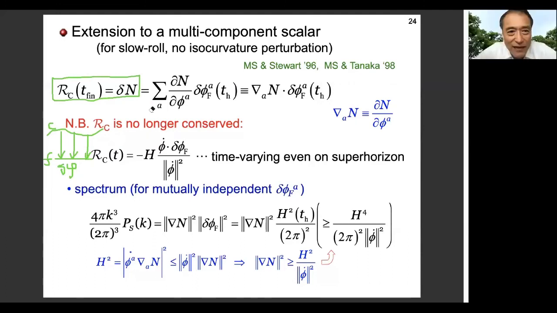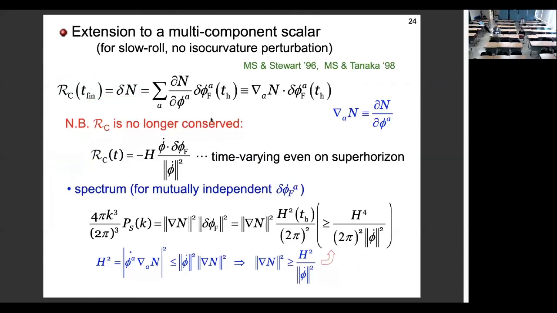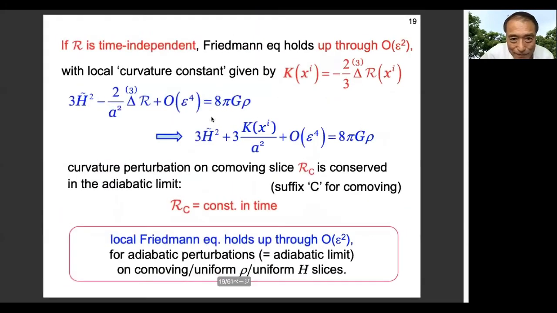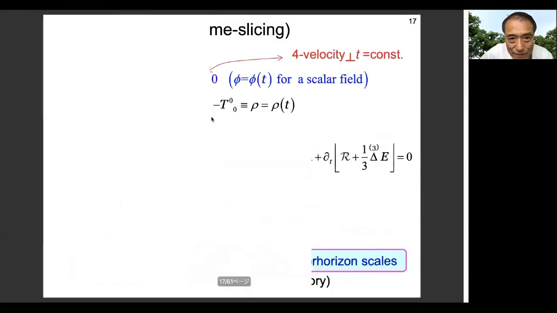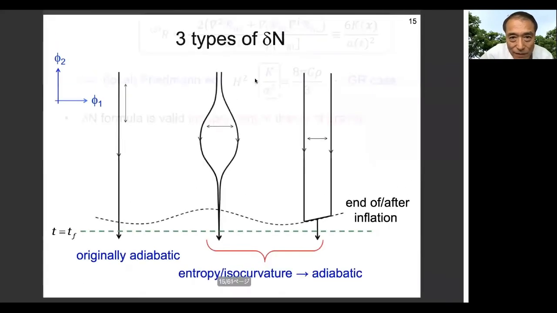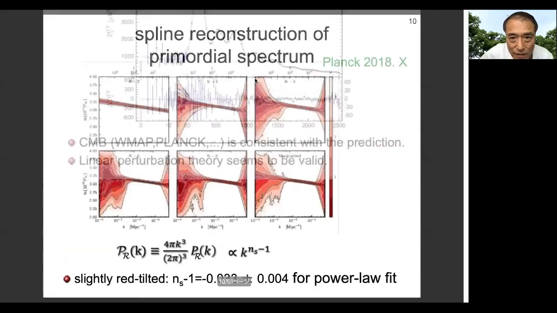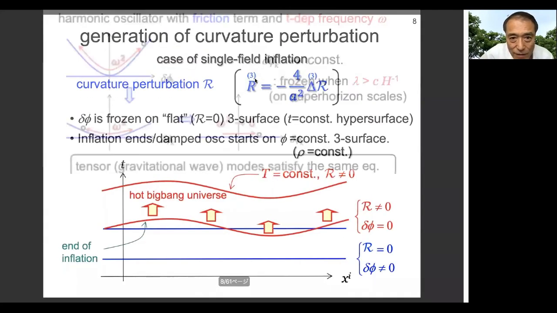Anyone else? One more question: how do you calculate the delta phi? Yeah, I didn't have much time, but okay, let me go back to the very beginning. Yeah, here.